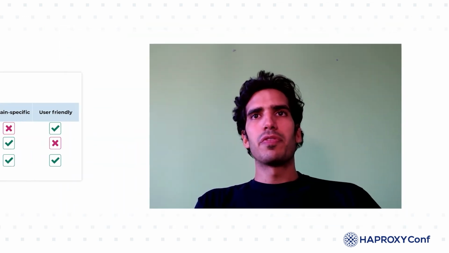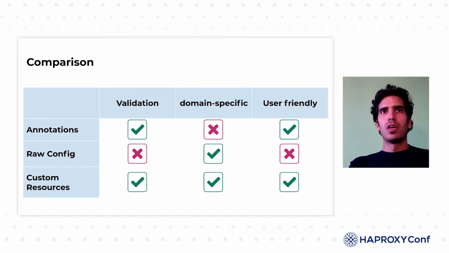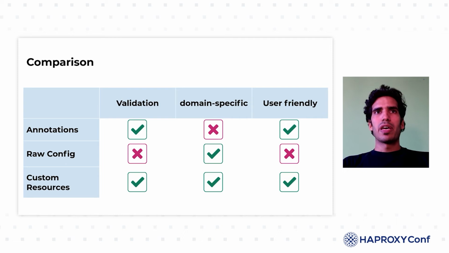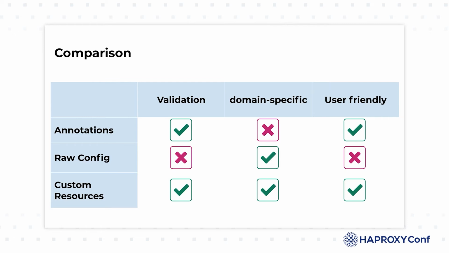So in the end, we are going to compare the different input types. With annotations, we see that we have validation, and it can be user-friendly. By user-friendly, I mean something that is easy to understand for a Kubernetes user who does not necessarily know how to configure HAProxy. But the problem is that this is too vague and non-structured, so it's not domain specific.